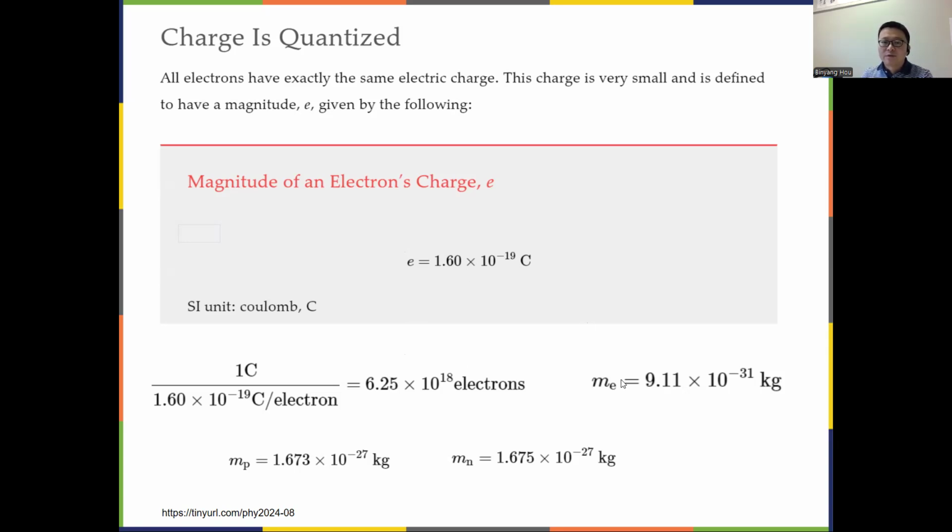And also, these are some constant numbers you can use. Mass of an electron is 9.11 times 10 to the negative 31 kilograms. Mass of a proton is 1.673 times 10 to the minus 27 kilograms.